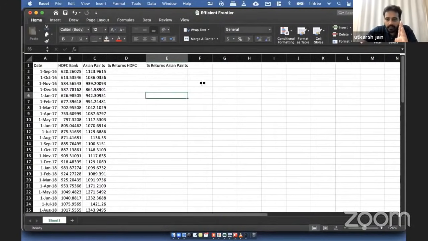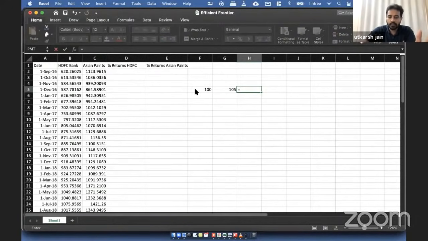So how do you calculate returns? Let's say a simple example. A 100 rupee stock becomes 105. So what is the return we want? 5%, correct? So one very easy way to do it is, in Excel, let me zoom my formula for you.